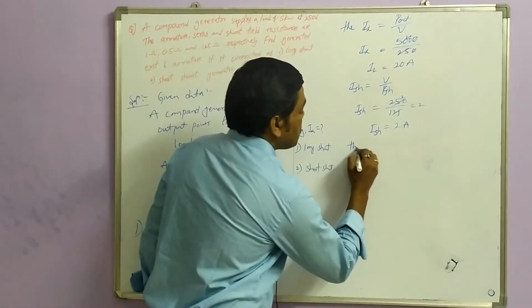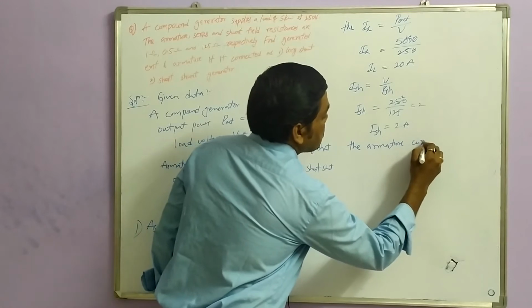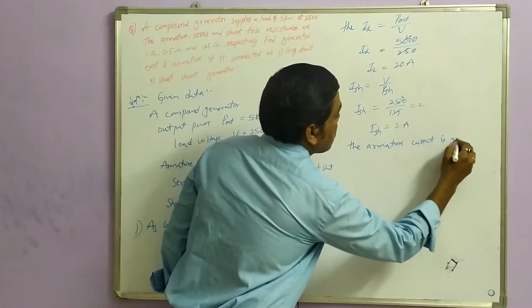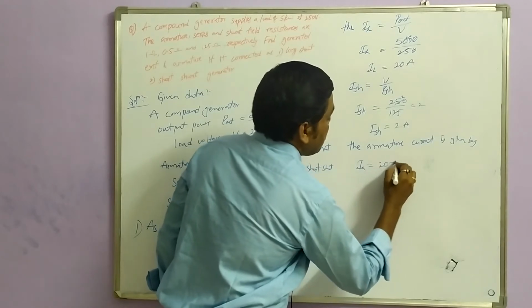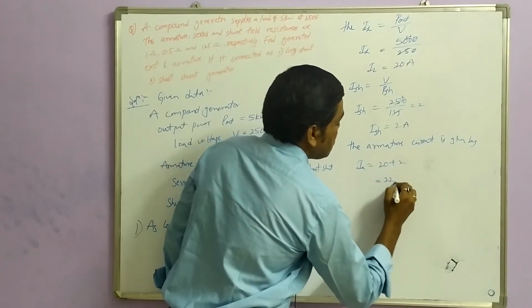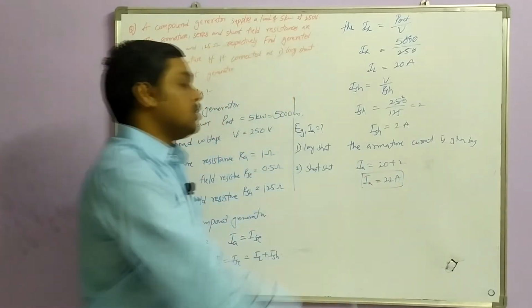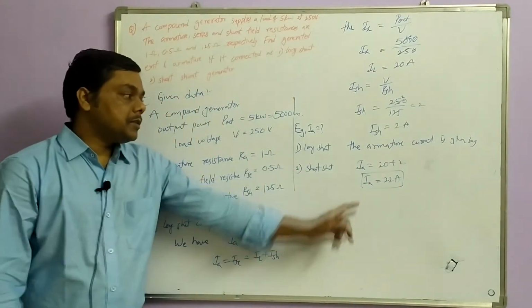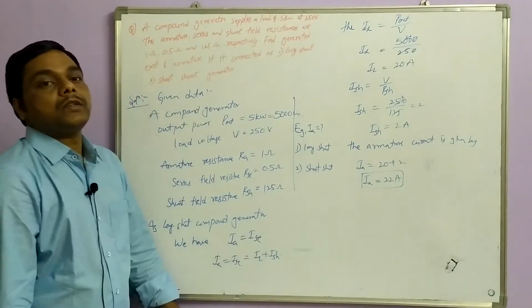The armature current is given by Ia equal to 20 plus 2, which is 22 amperes. The armature current is determined by simply remembering the current relations.